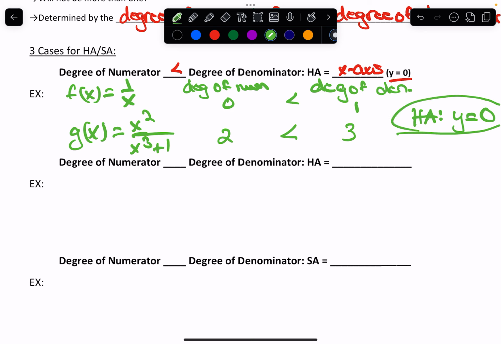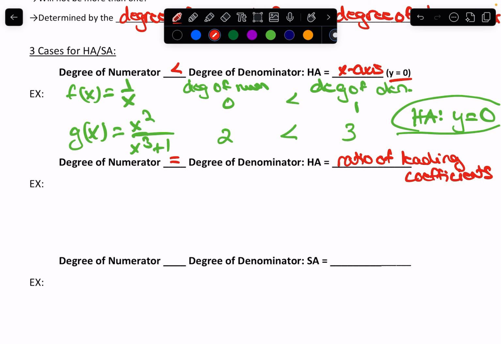Okay? Our next case is when the degree of the numerator and the degree of the denominator are equal. That is when the horizontal asymptote is the ratio of leading coefficients, or leading terms, as we used in the previous lesson.